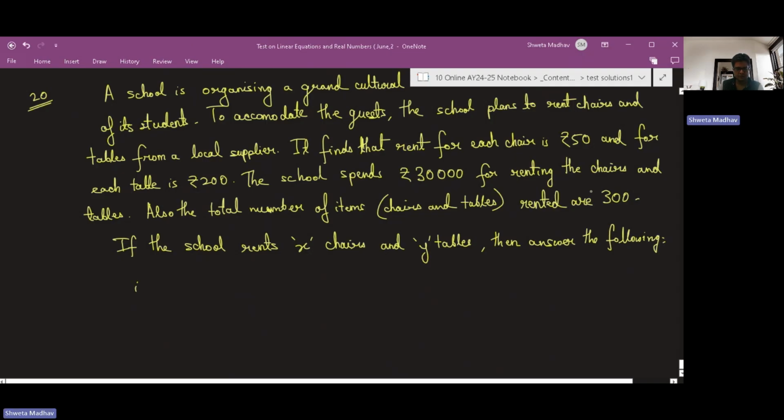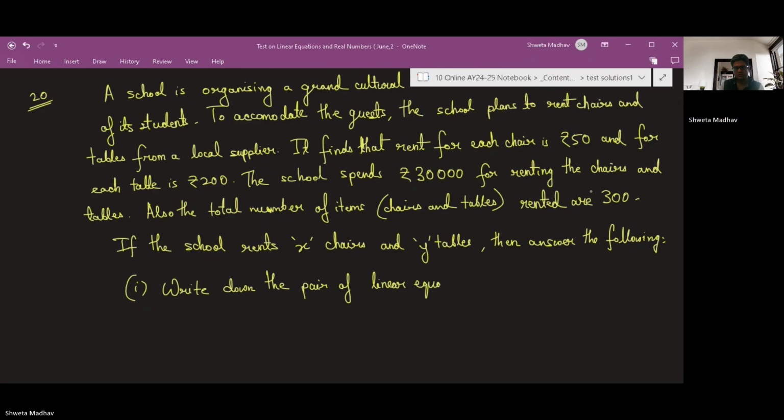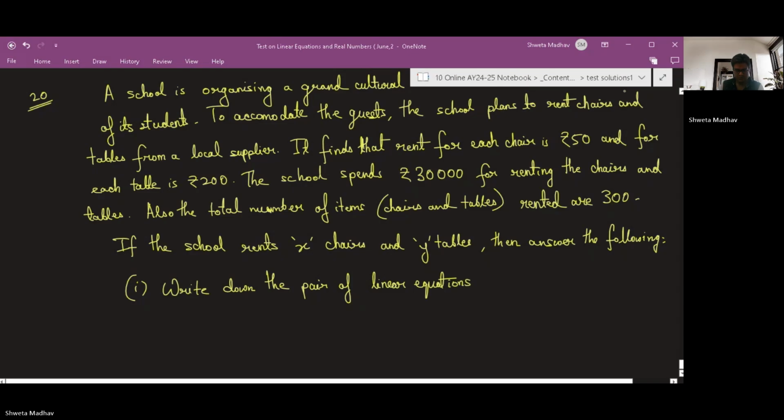So the first question is to write down the pair of linear equations representing the given information.